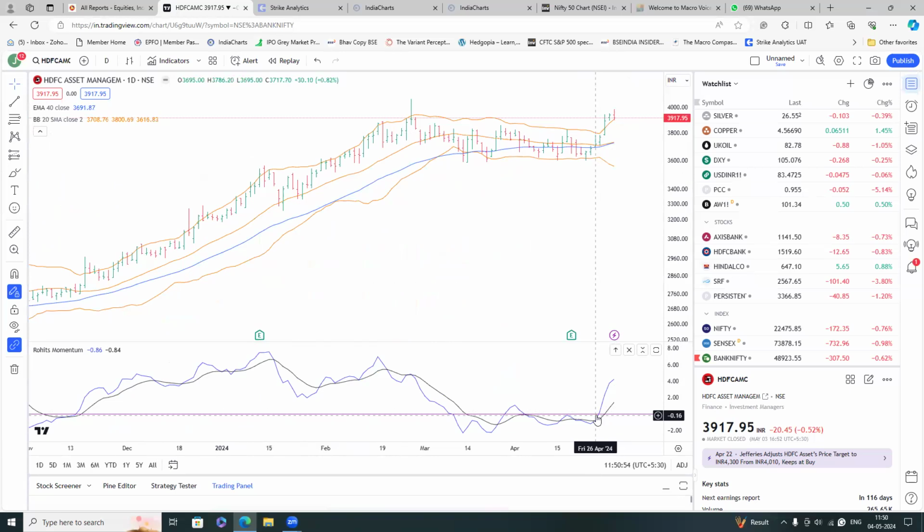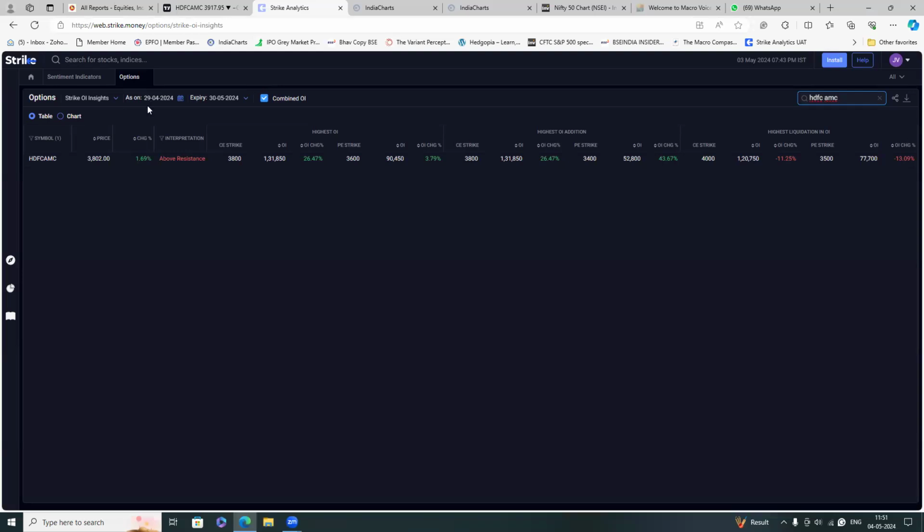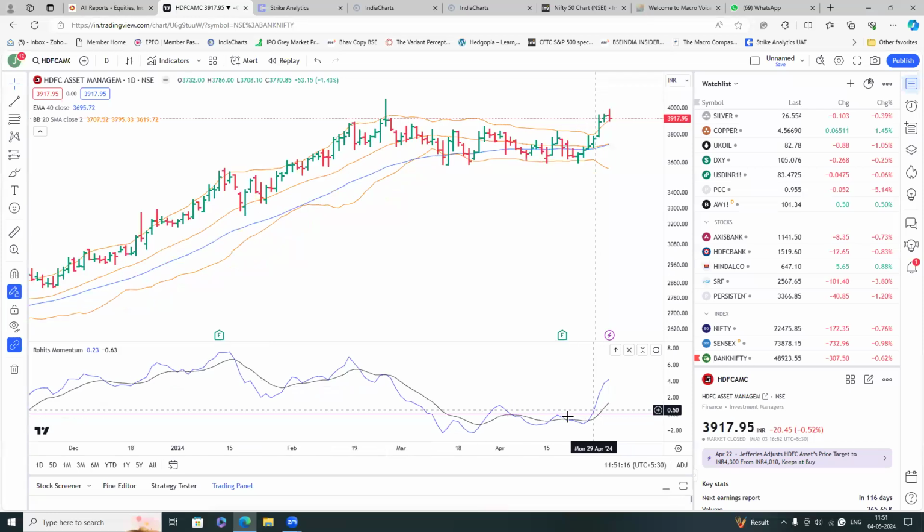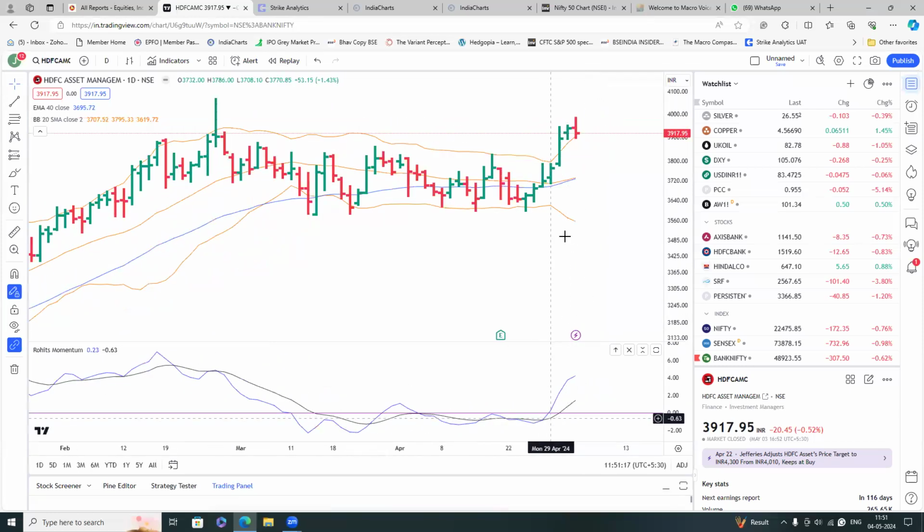On this day, the RMI had given a bullish crossover breakout. This was the 29th data, and while I was checking the screen, I saw that on the 29th this is giving a bullish crossover. On the very next day it was up somewhere around 3-4%.